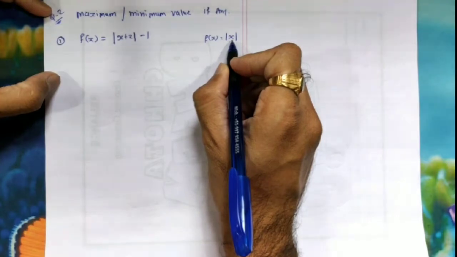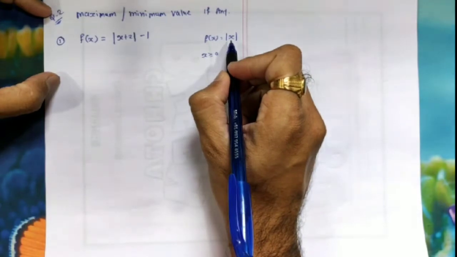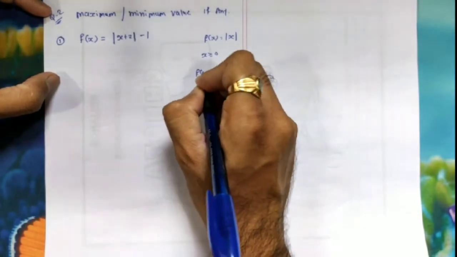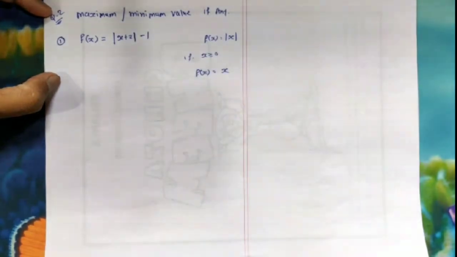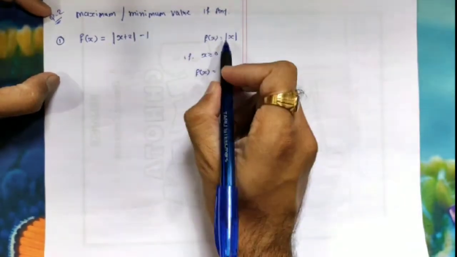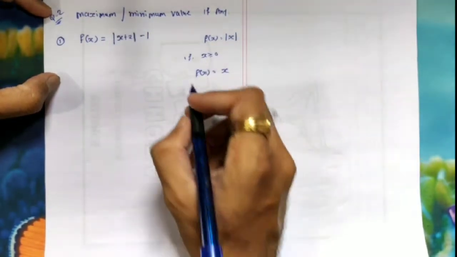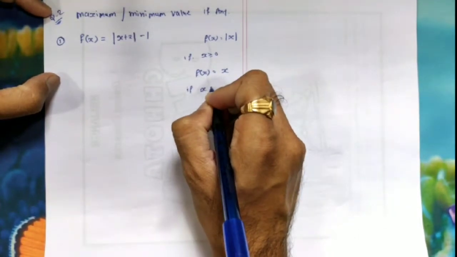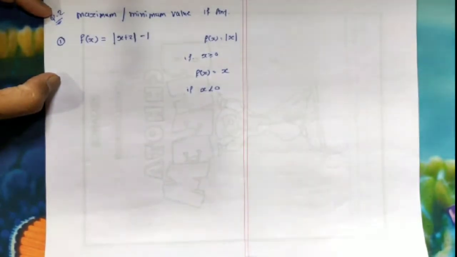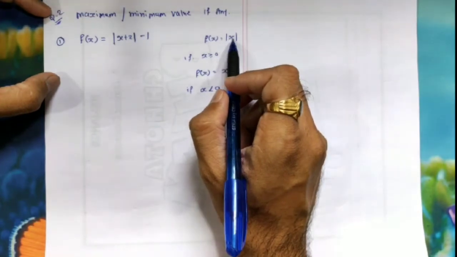If the value of x is greater than or equal to 0, that means the x inside the modulus is already positive, so the modulus has no work to do, and we will directly write f of x equal to x for this condition, if x is greater than or equal to 0. So the function will always be positive, so we are writing f of x equal to x. But if the function inside the modulus is negative, suppose our x is less than 0, if x is negative, then our modulus function will convert this negative function into a positive function.